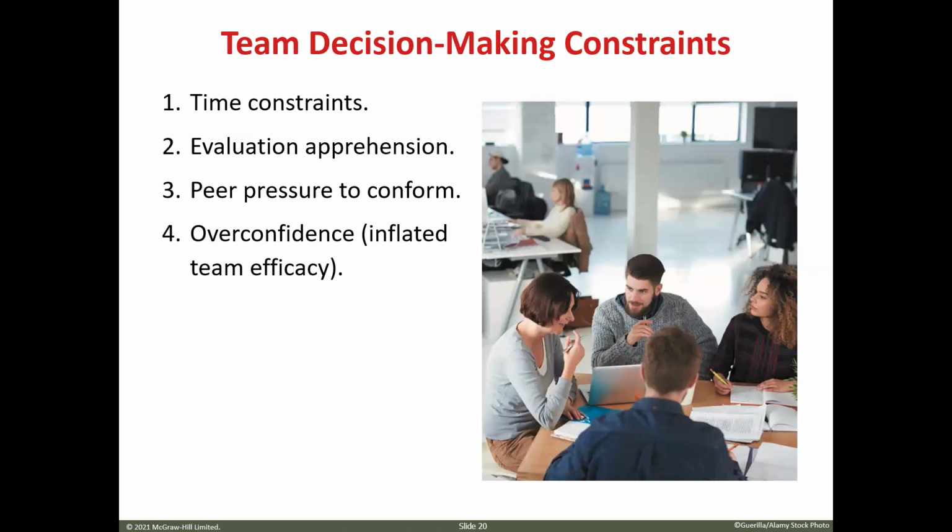Another issue is overconfidence or inflated team efficacy. Sometimes you are too overconfident, or sometimes too underconfident. Now, in both forms, you could make worse decisions. When we say you, it means you and your team members can make worse decisions.